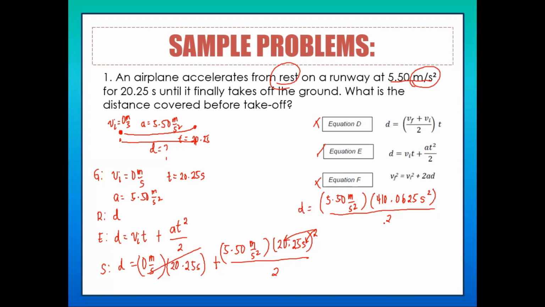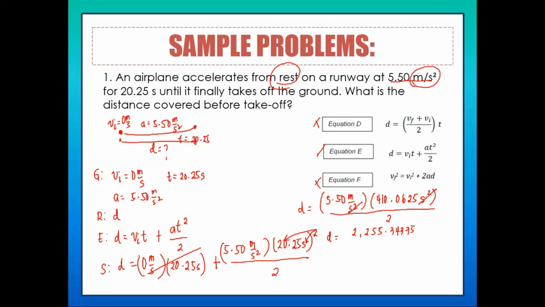So, multiply natin to and divide by 2. We have, okay, 2,000 muna, 2,255.34375. Okay, cancel similar units kasi they are positioned on opposite sides.